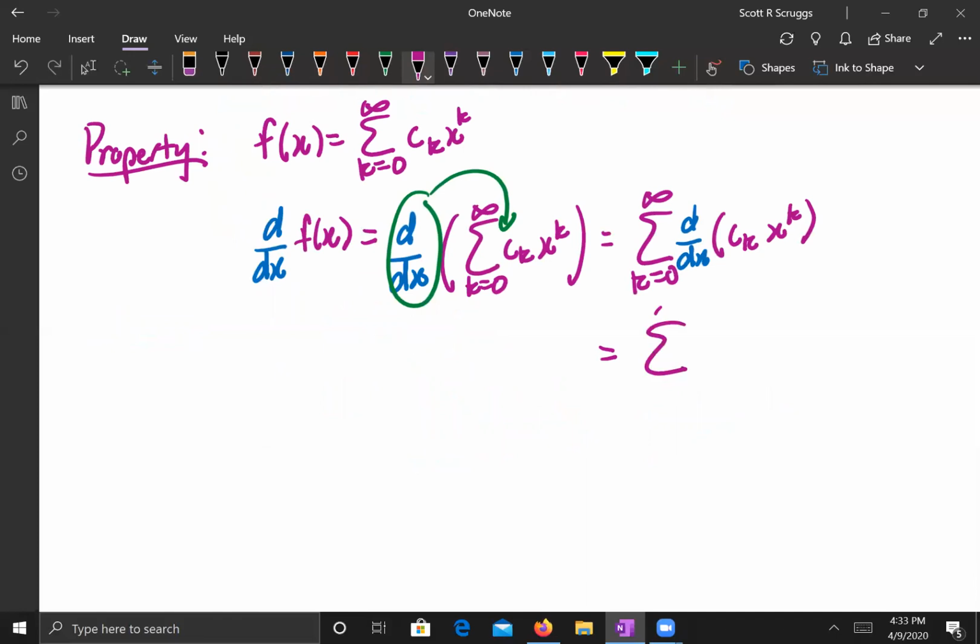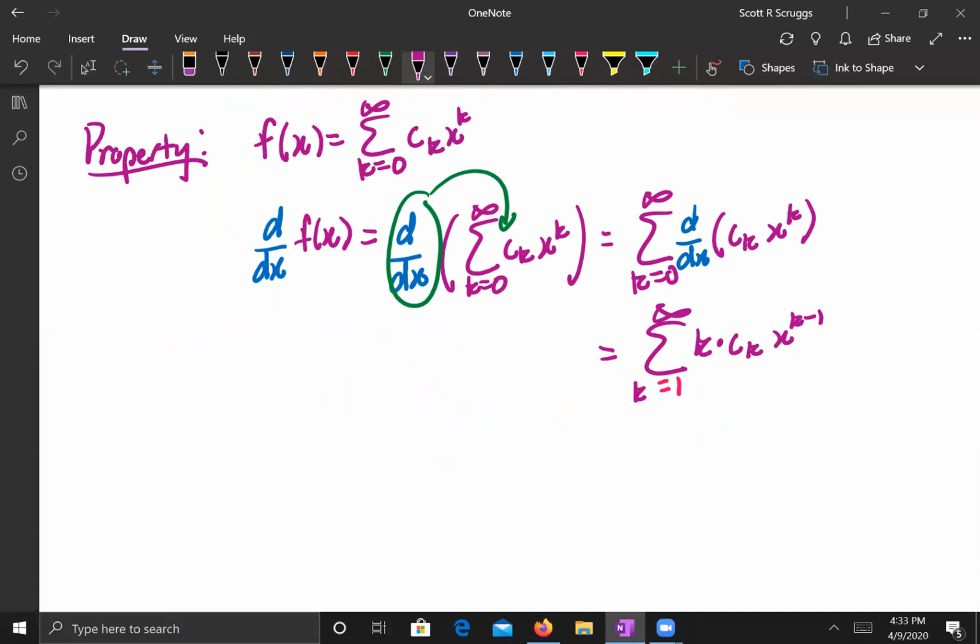So it's going to be the sum, not from k equals 0, but for k equals 1 of k times c of k times x to the k minus 1 power.